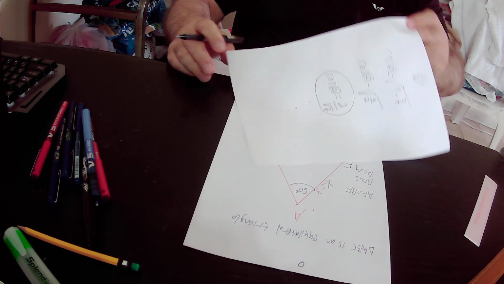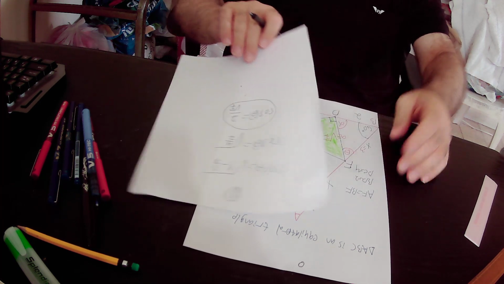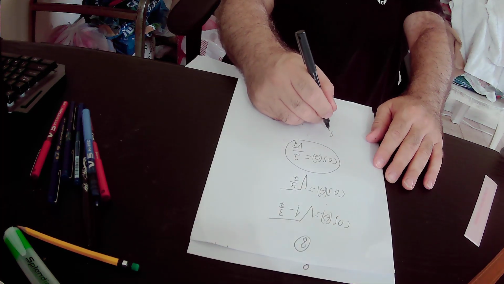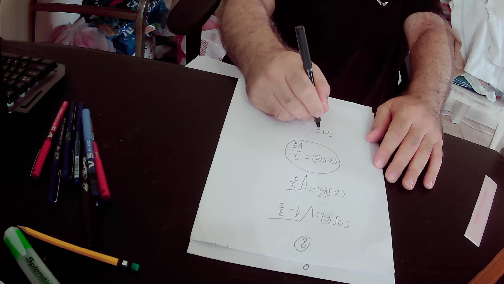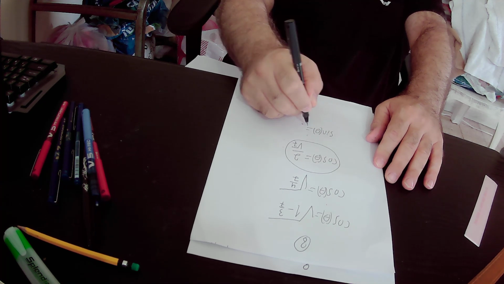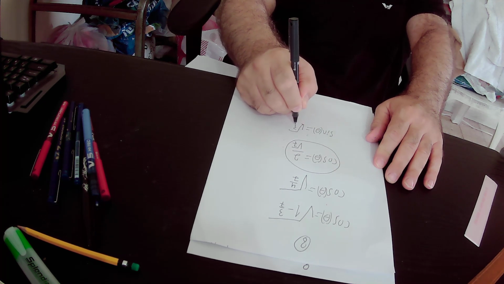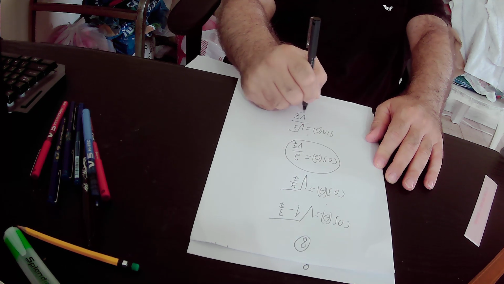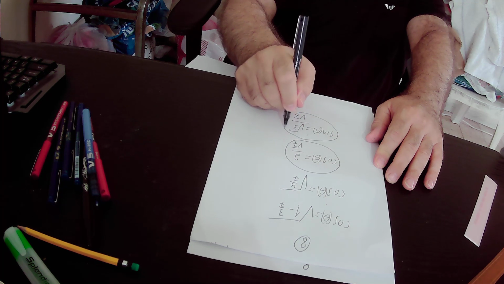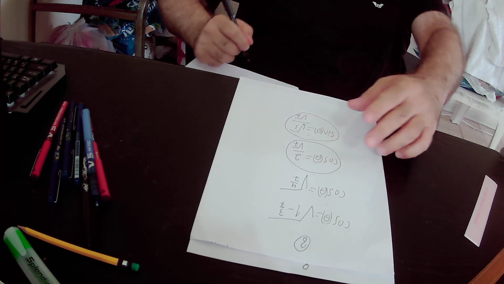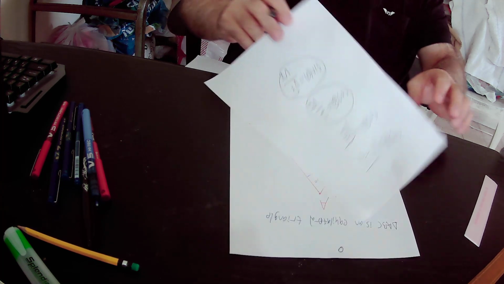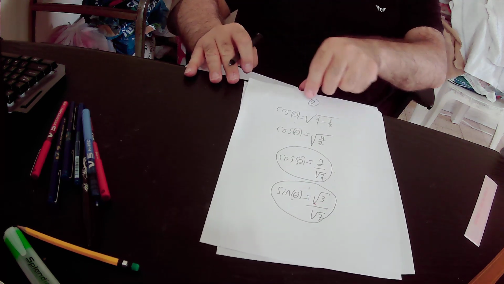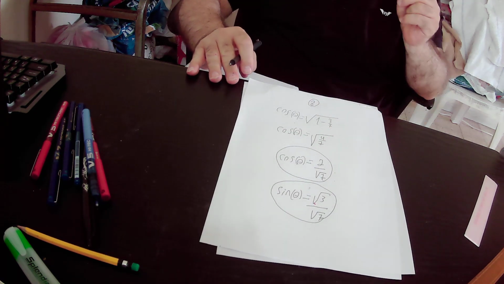And we have already found out that the value of sinus theta is root 3 over root 7. Okay, so we actually found out the values of cosinus theta and sinus theta.